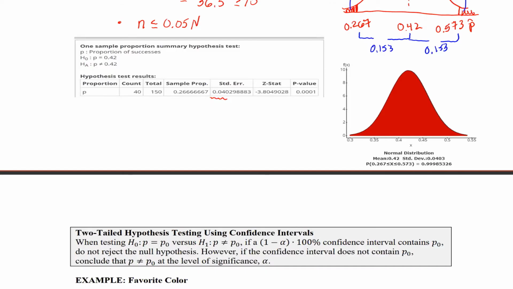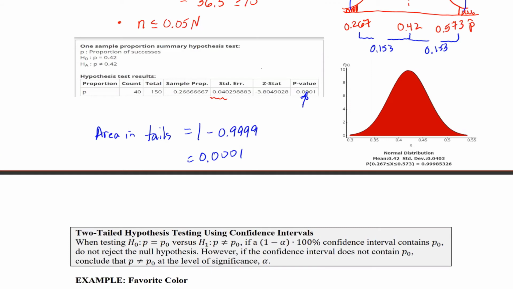So yeah, the area in the tails of the distribution up there is going to be 1 minus that 0.9999. I'm getting 0.0001, which is what we got right there.